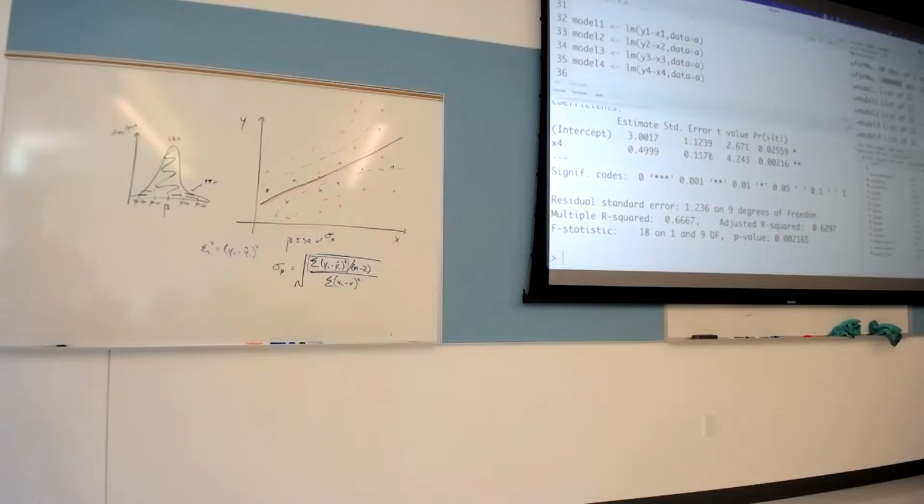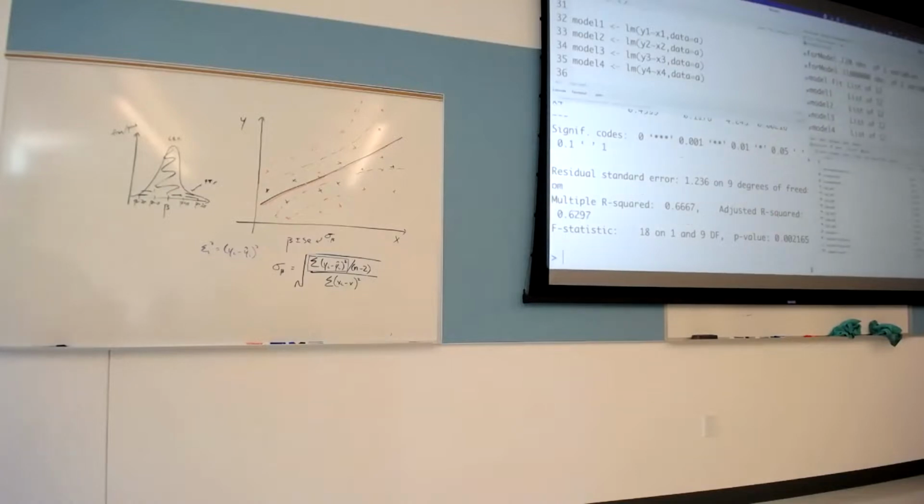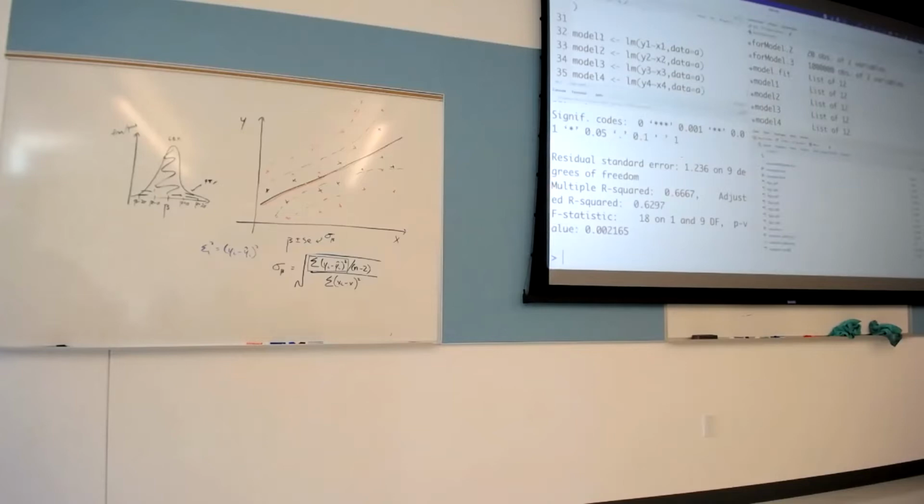So let's take a look. I'm going to make this a little bit bigger so that the plot can be bigger. All right. So again, this is all going to get posted online, so don't worry about that.